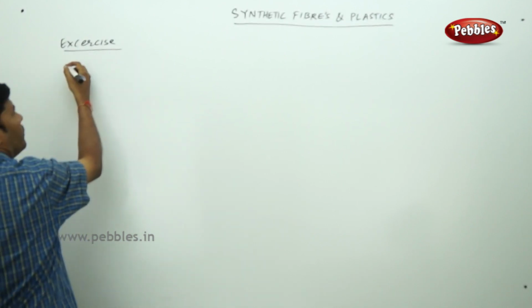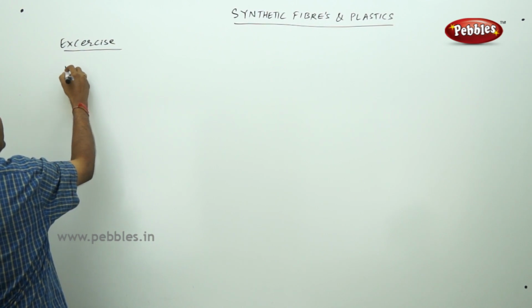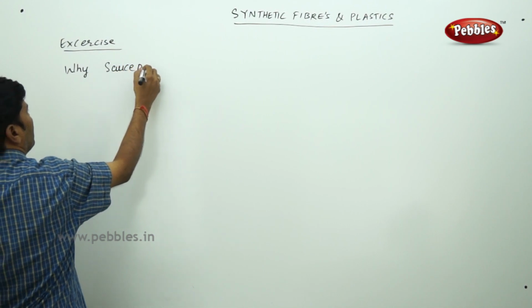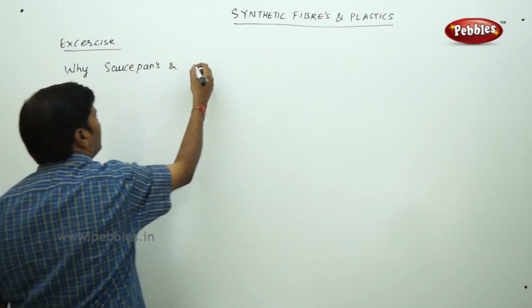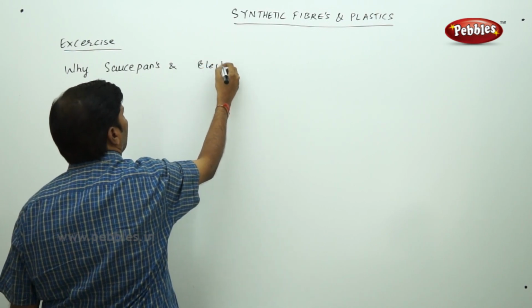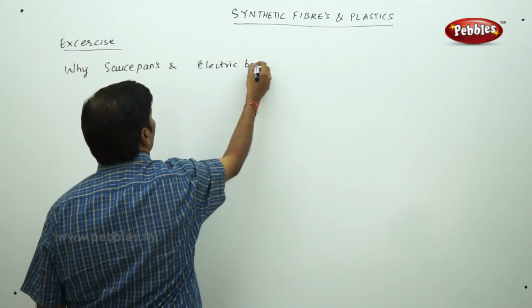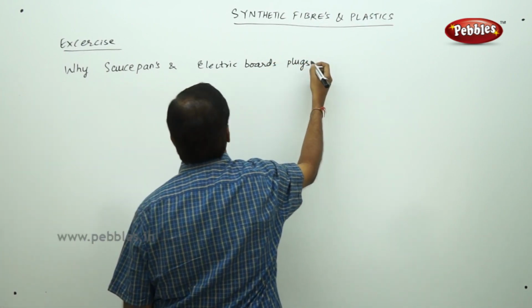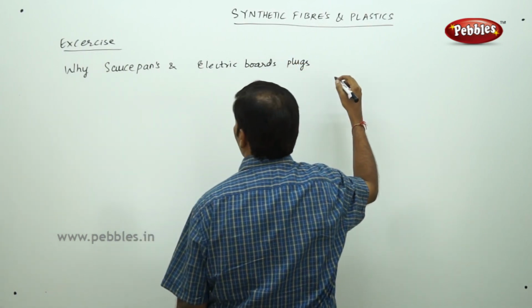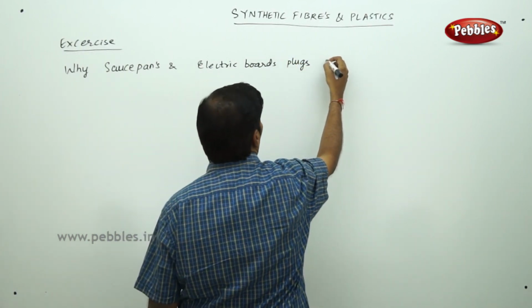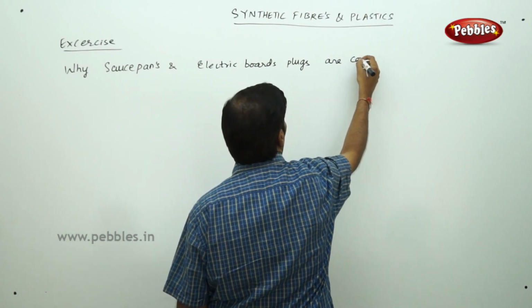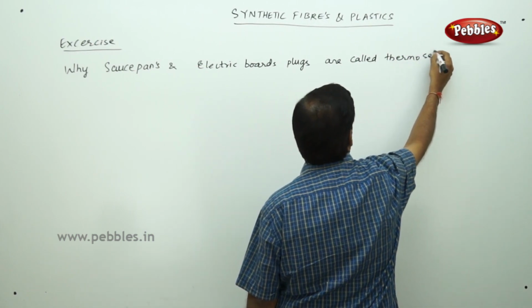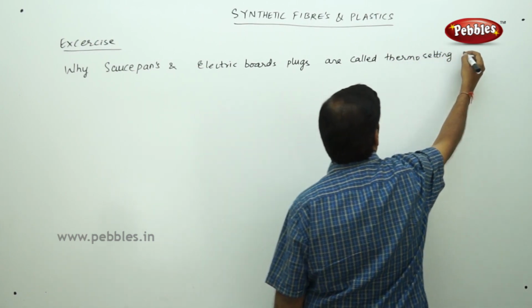Why are saucepans, electric boards and plugs made of thermosetting plastics?